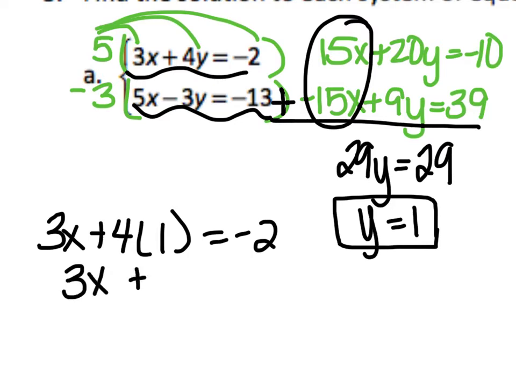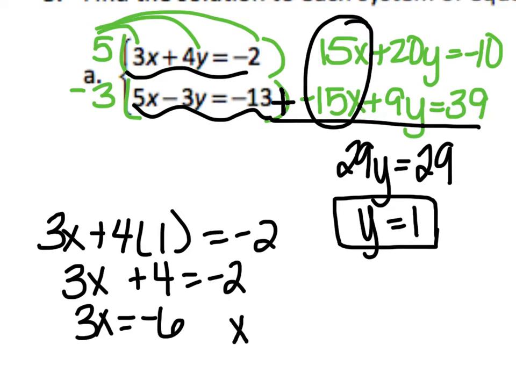So 3x plus 4 equals negative 2. Subtracting 4 from both sides, I'll get 3x equals negative 6. And then dividing both sides by 3, I'll get x equals negative 2. So those are your two answers, negative 2 and 1.